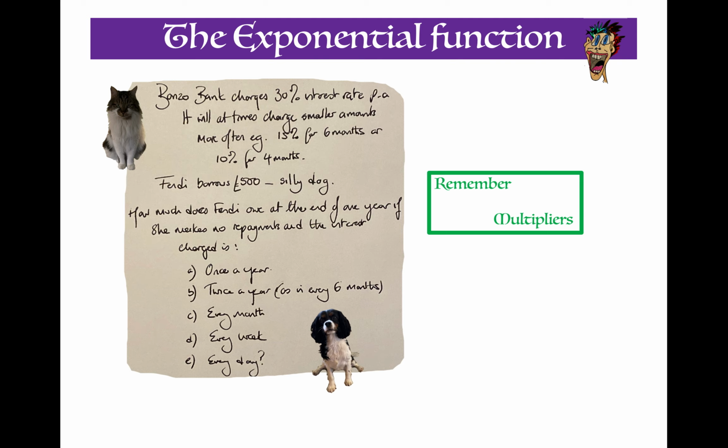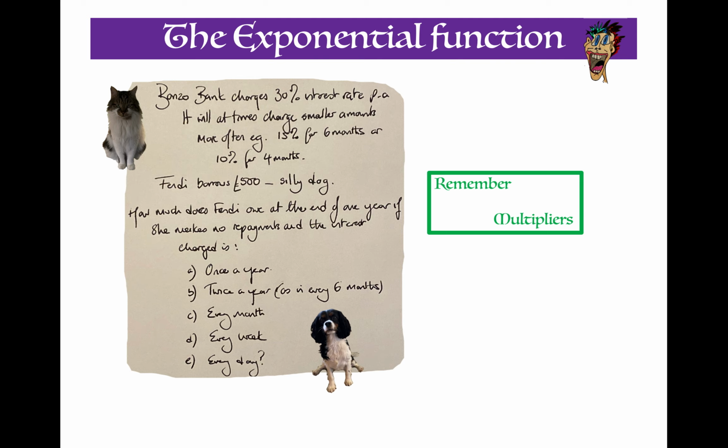Now, assuming that Fendi borrows £500, silly dog, we're going to find out how much Fendi owes at the end of 1 year if she doesn't make any repayments. You've got 5 examples: if it's charged once a year, how much does she owe after 1 year?